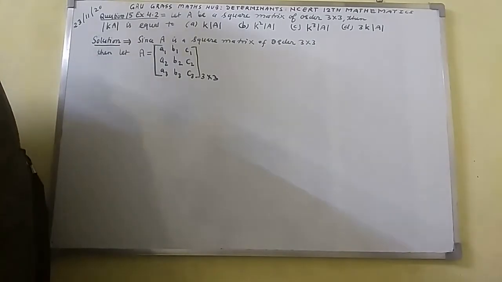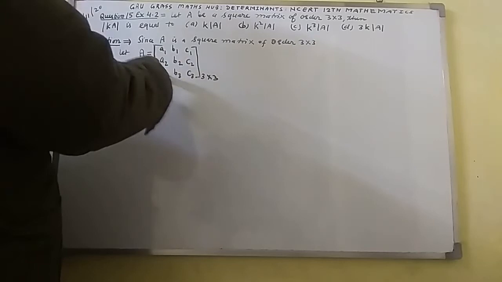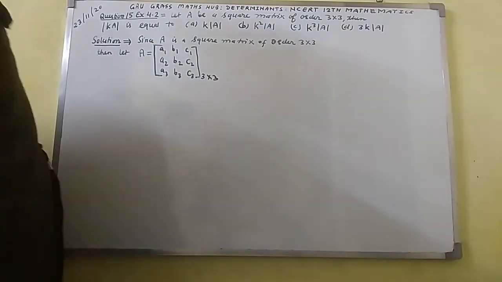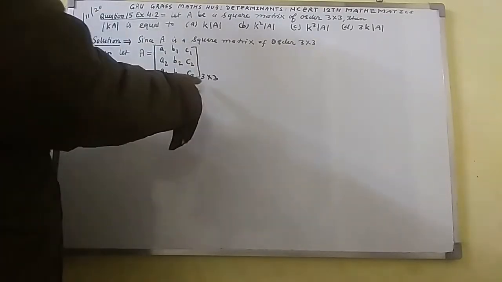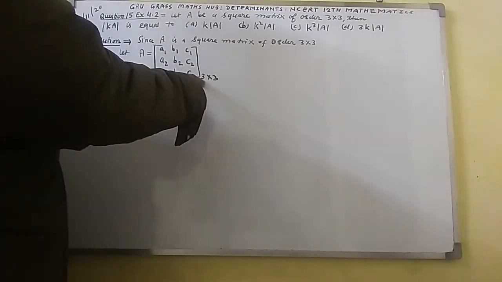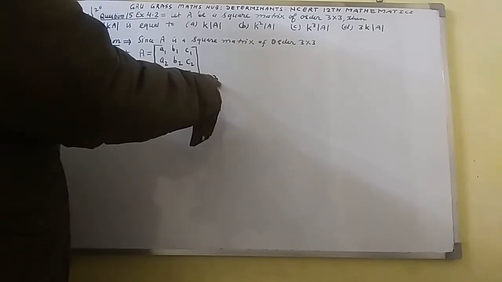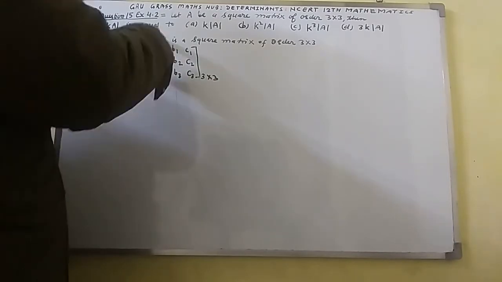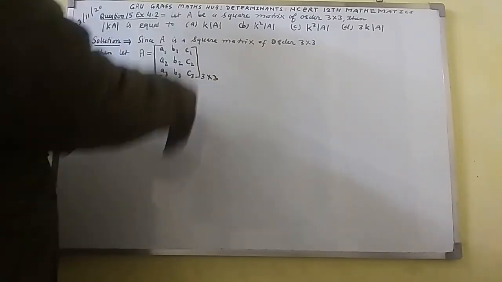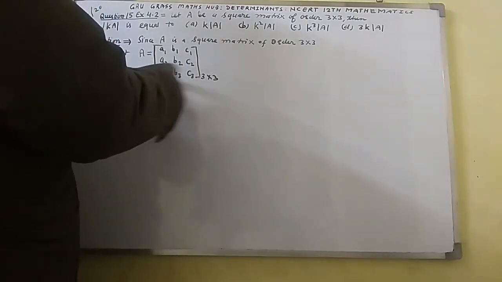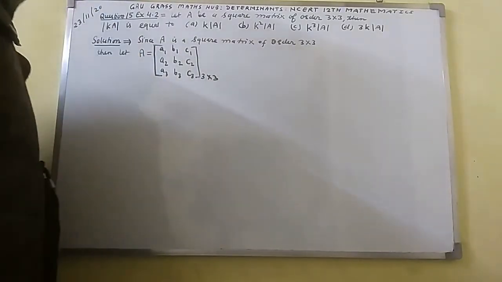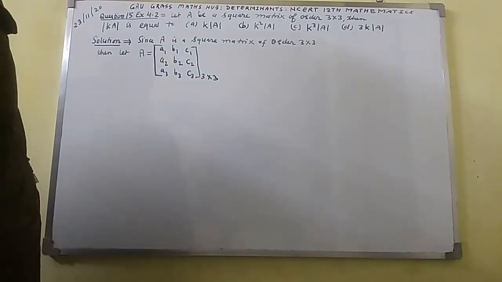Because in the matrix capital A there are 3 rows, first, second, third, and also 3 columns, first, second, third. The first 3 represents the number of rows, and the second 3 represents the number of columns.